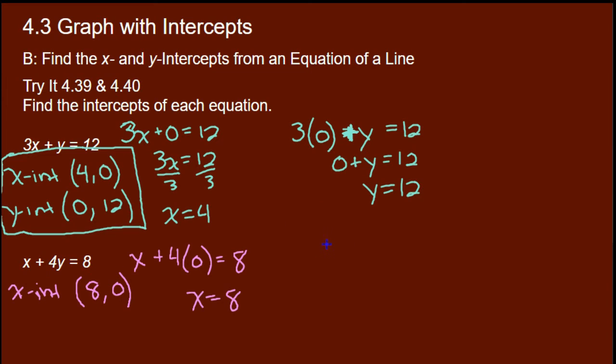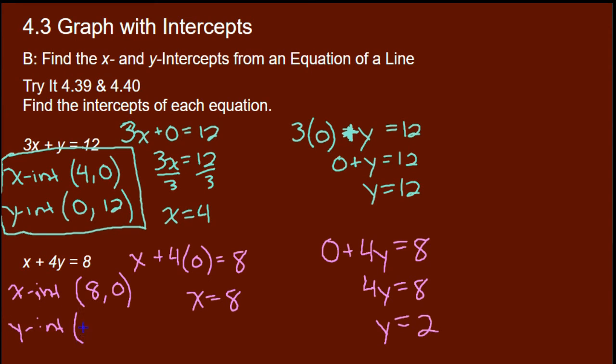Now we're going to find our y by letting our x equal 0. 0 plus 4y is equal to 8. So 4y equals 8. Divide both sides by 4 and you get y is equal to 2. So our y-intercept is (0, 2). And this is our answer.